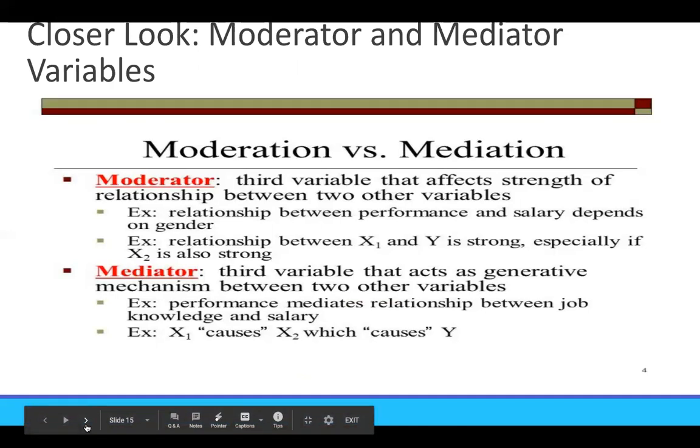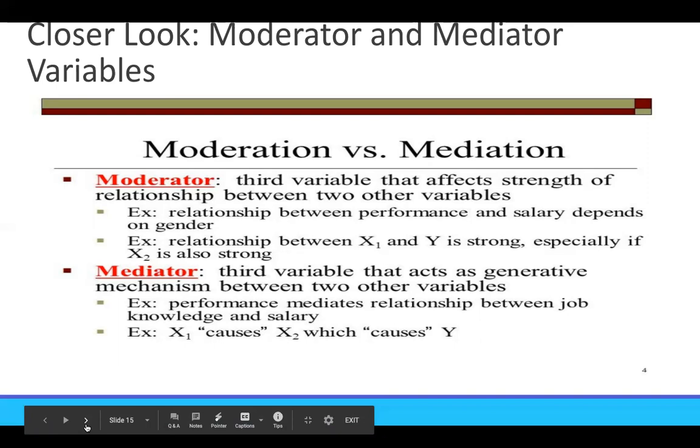Another slide related to moderator and mediator variables gives you another set of examples. A moderator is a third variable that affects the strength of the relationship between two other variables, right? The example here is that the relationship between performance and salary depends on gender.